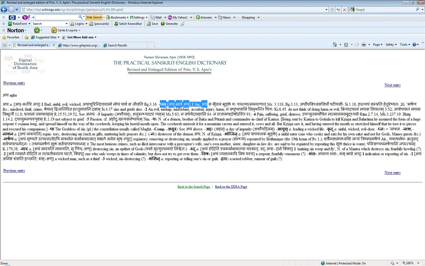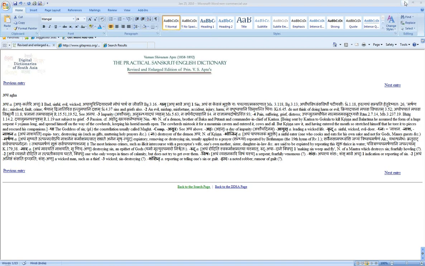Agham sa kevalam bhunkte yah pachatyatma karanat, Manusmriti, and also Bhagavad Gita 3.13. So Agham is a neuter noun. So now that's what we know. So we can make it Avidyamanam Agham Yasya Tat Kulam. Coming back to this now.